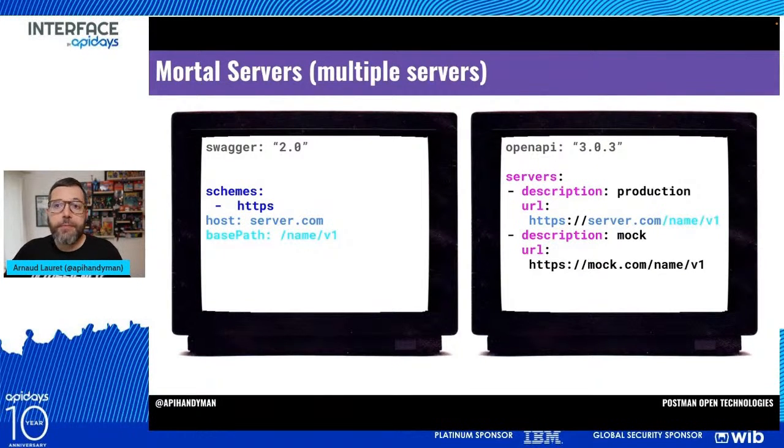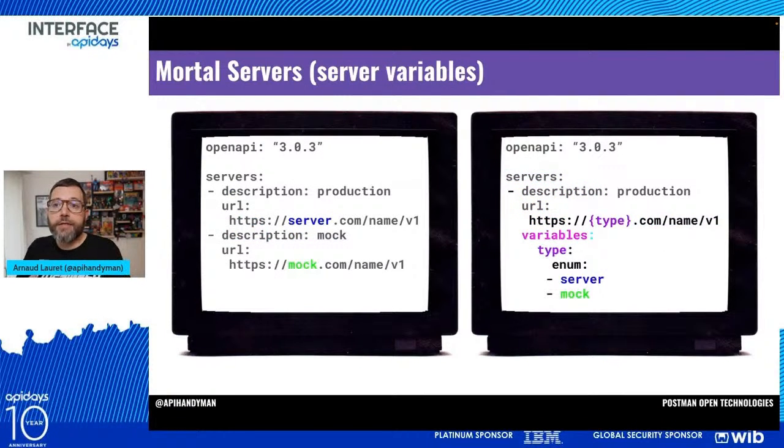Regarding where your API is hosted, in Swagger 2, you had at the root level three properties: schemes, host, and base path, which allow you to define where your API is exposed, but you can define a single point of exposition. In OpenAPI 3, you can define as many points of exposition as you want, one to many, which is interesting. For example, you could have a production server, a mock server, or a qualification server, or whatever.